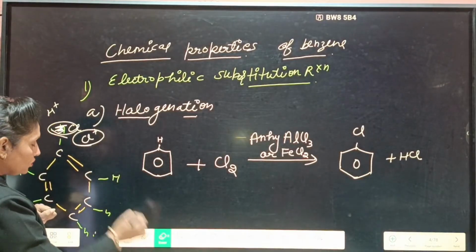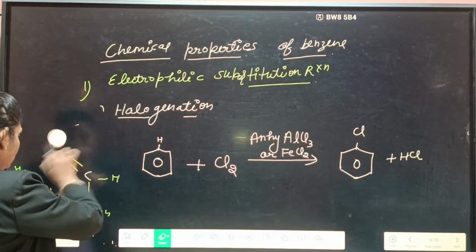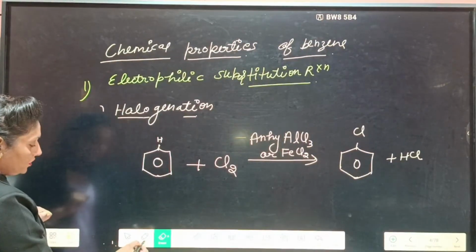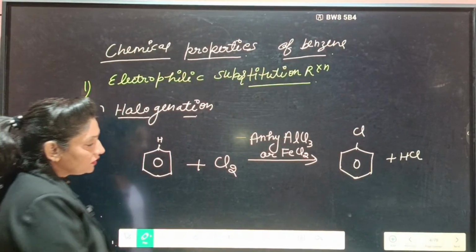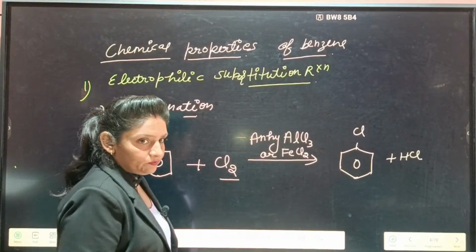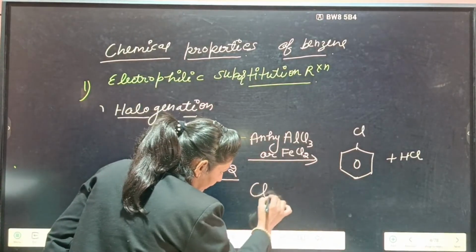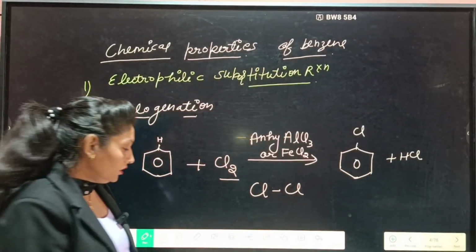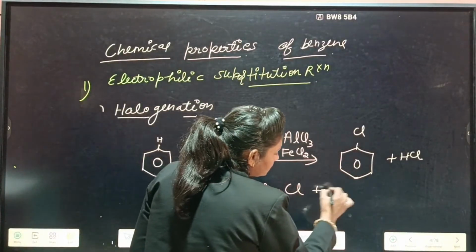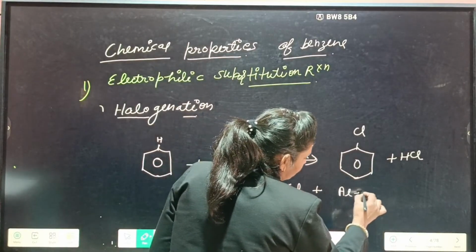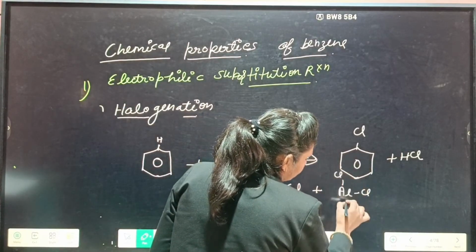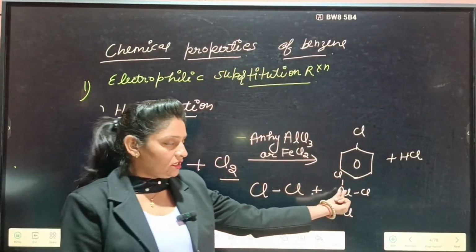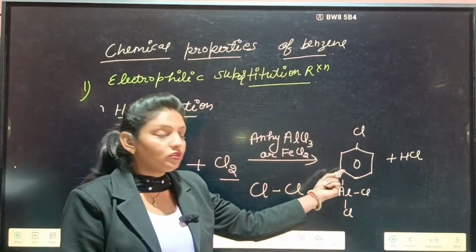So Cl positive, why is it? You will see. Actually, you are having Cl2, and you are having anhydrous aluminium chloride, AlCl3. Aluminium has only 3 valence electrons and it is forming 3 bonds also.